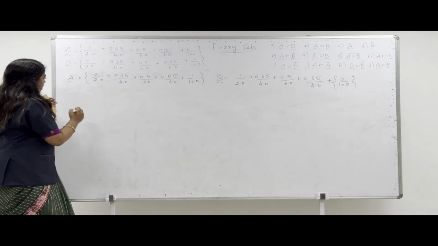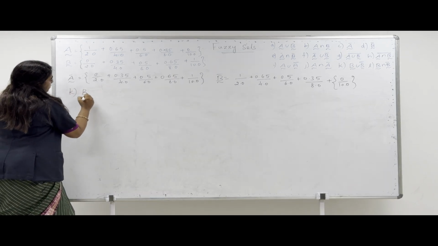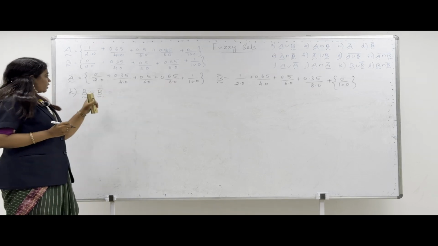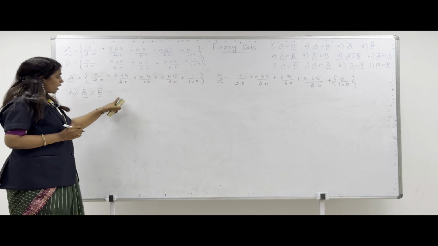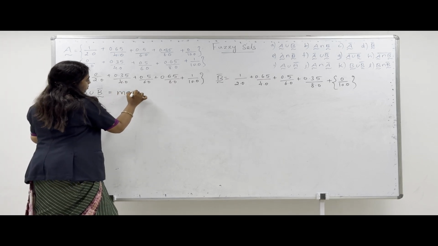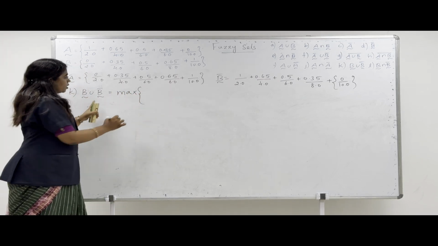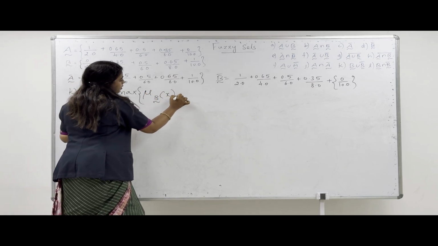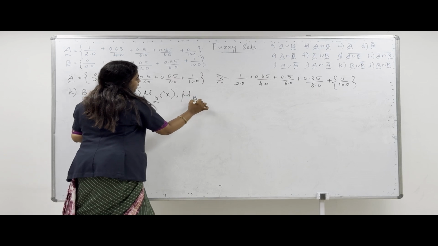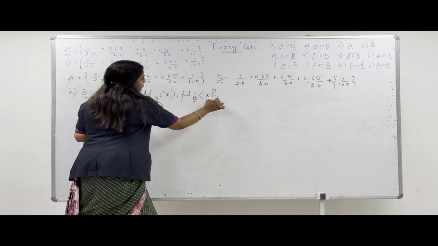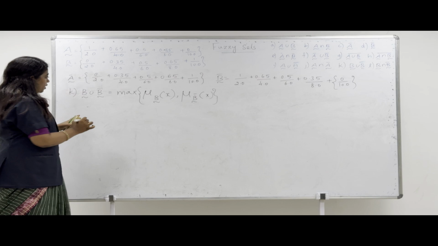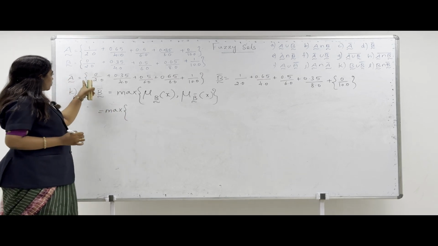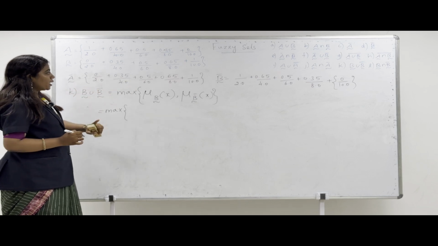Okay. The next one we have to find is B union B bar. We know that if there is union, we have to find max. So, write max of membership B of x, comma membership B bar of x. So, this is the formula. Just copy down the values for B and B bar.